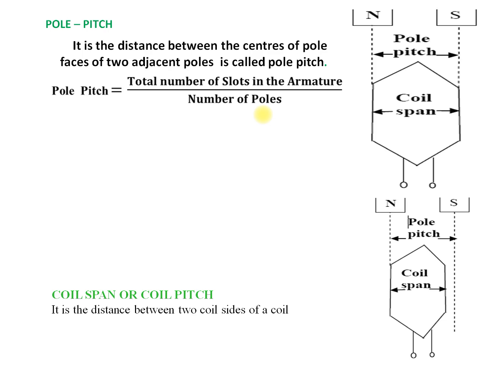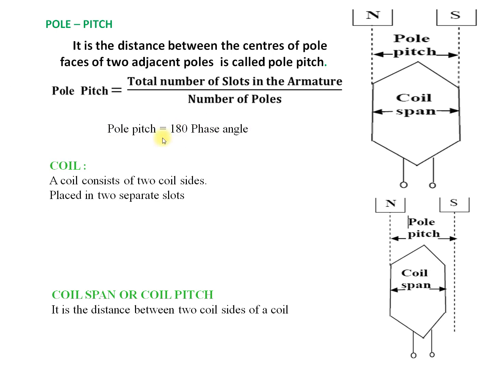If it is not going to be like that, then we will go with fractional slot windings. So depending upon the design and the need of the voltage, we will be choosing those kinds of winding factors. The pole pitch is always going to be a 180-degree phase angle.